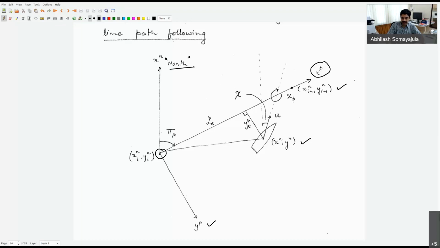That is our course angle. Similarly, we can define the course angle with respect to the path tangential system, which we call chi p. That is the angle from the x-axis of the path tangential frame to the velocity direction.